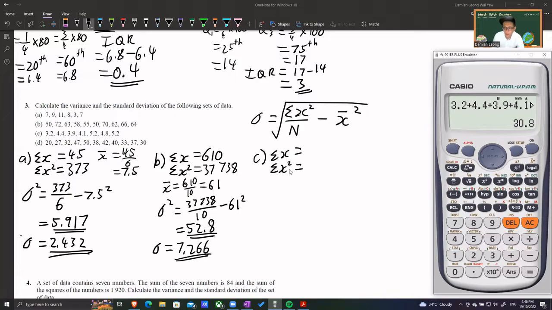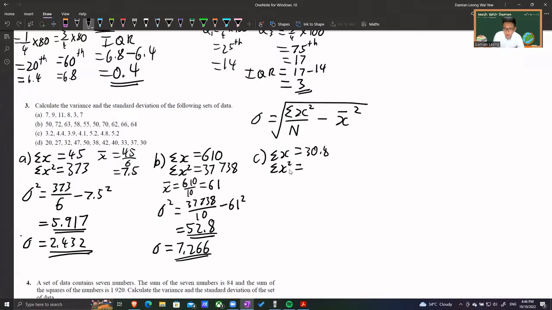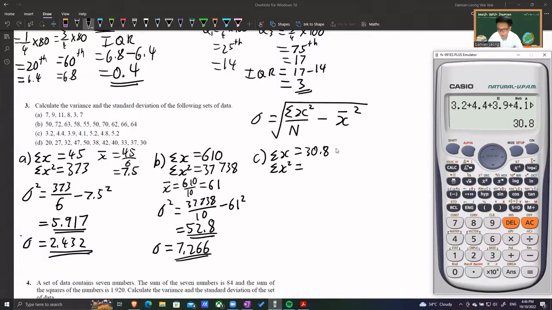So you get 30.8. Sum of x squared: each of the numbers I square. 3.2 square, 4.4 square, 3.9 square, 4.1 square, 5.2 square, 4.8 square, and 5.2 square plus together, which will be 138.74.